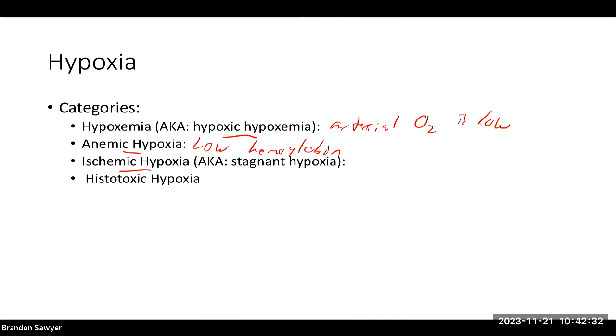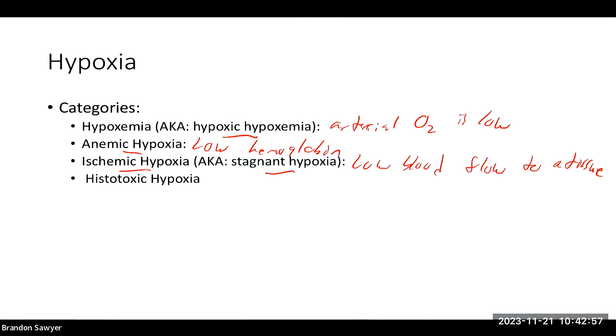Ischemic hypoxia, also known as stagnant hypoxia, is when we have low blood flow to a certain tissue. So there's hypoxia in a certain regional or local area because we're not getting enough blood flow to that area.